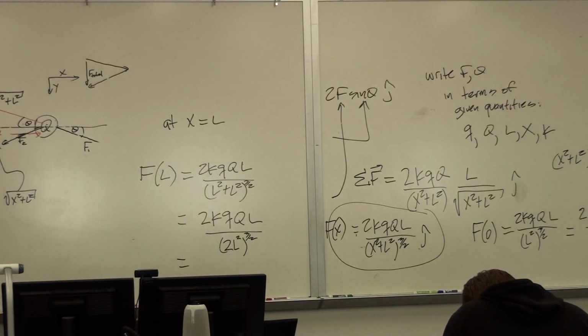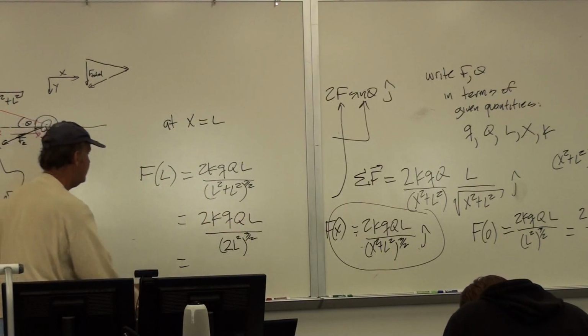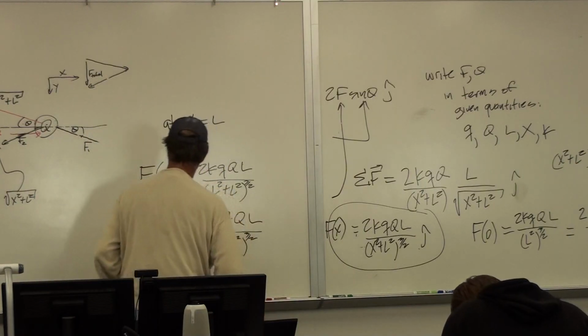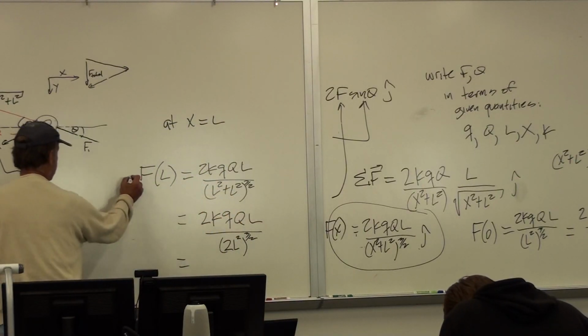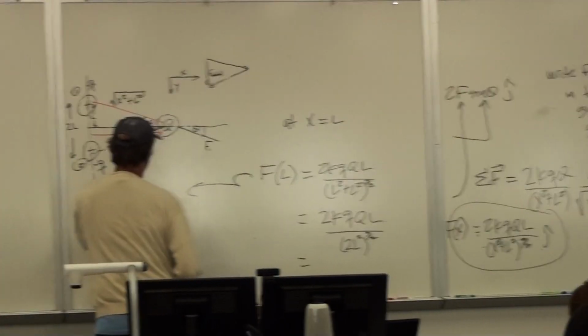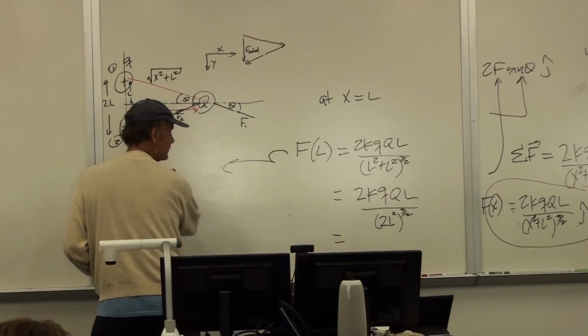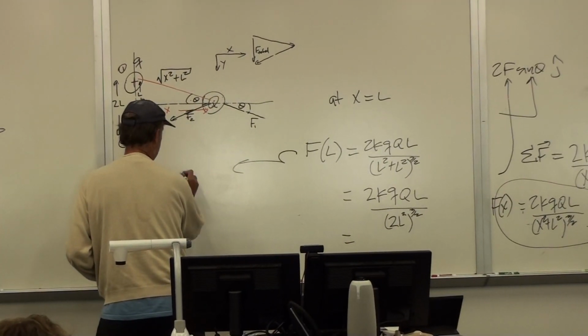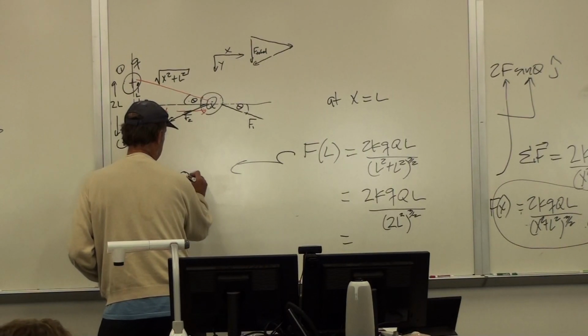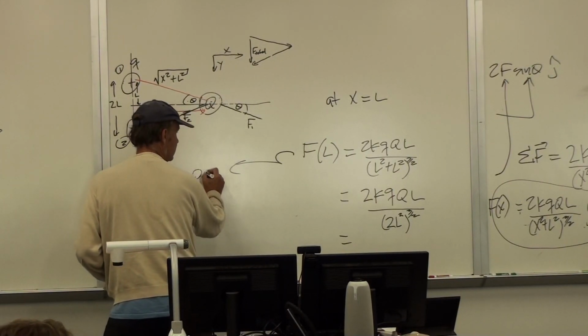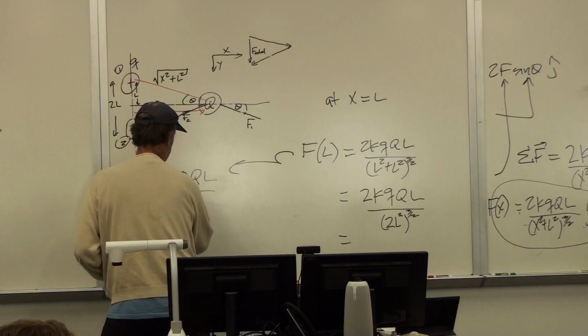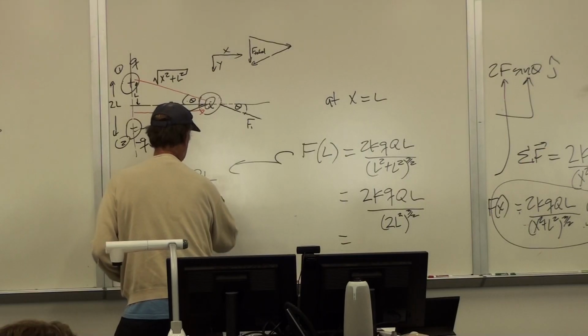Okay. And so what we're left with is 2k little q big Q L divided by 2 to the 3/2 power times L cubed.